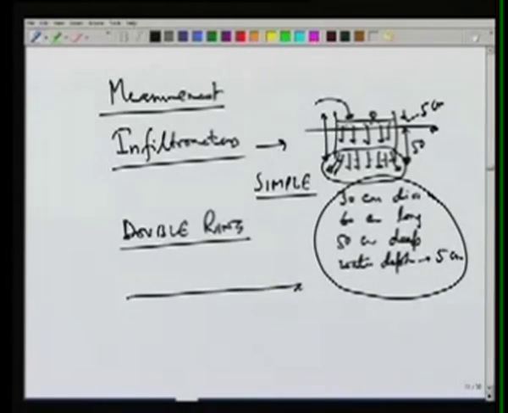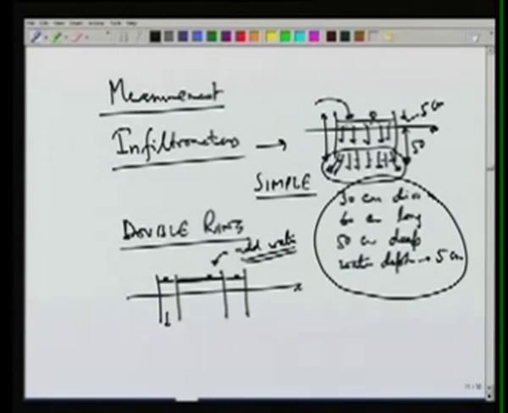So if this is the ground level, we have an outer ring, and then we have an inner ring in which we will maintain a level. We will add more water to maintain a constant water level here, and the amount of water added will denote the infiltration.